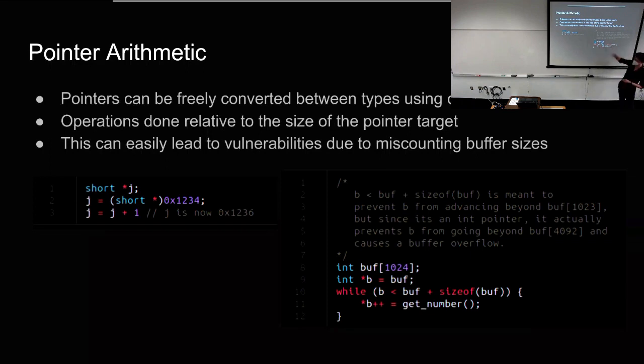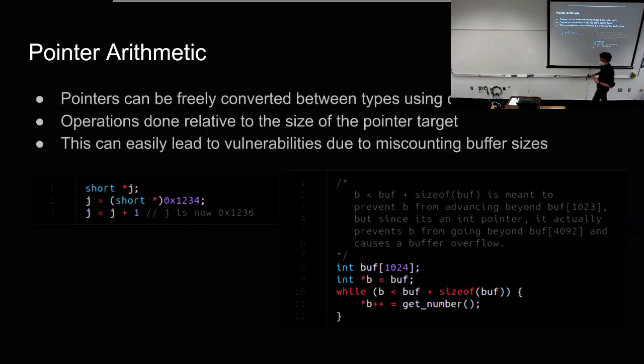So you have 1024 bytes to read into, but this size of buff is 1024 times 4 because it's an integer. But this plus here, since it's an integer pointer, is also going to add 4 to buff for every iteration, which leads to an overflow once again.